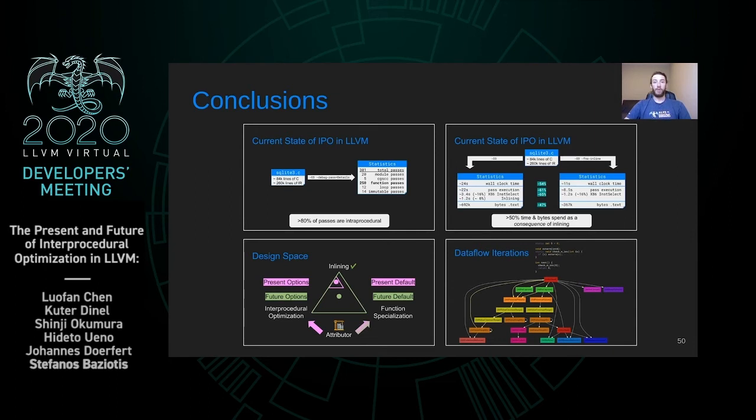Going with the attributor towards interprocedural optimization and function specialization will open up way more options to trade off execution time, compile time and code size.